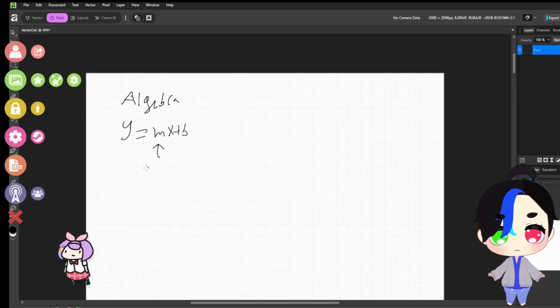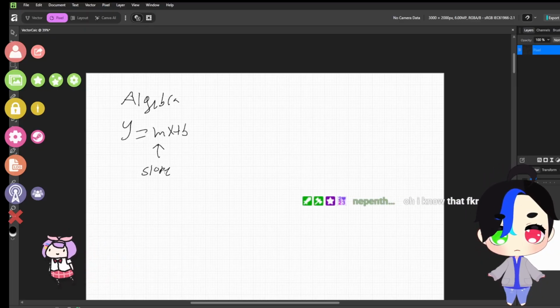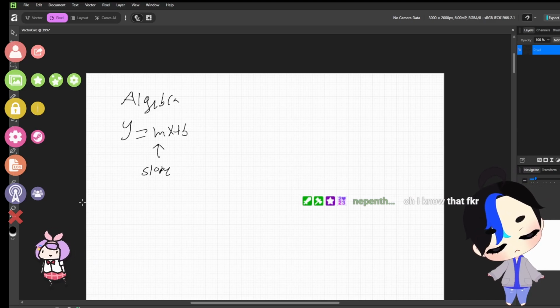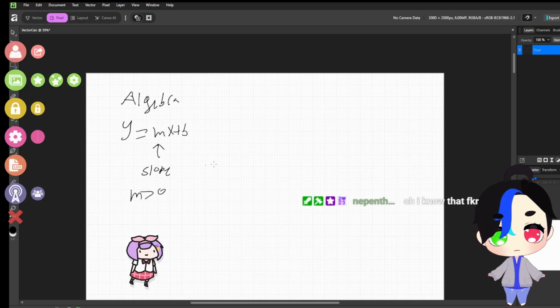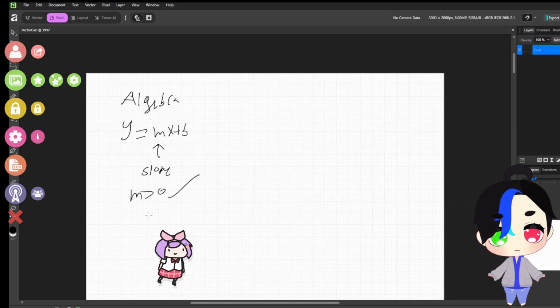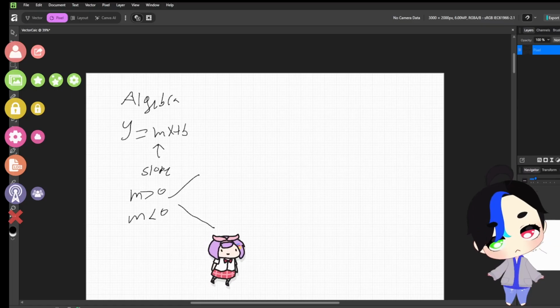This is the slope. This tells you, in essence, how steep or shallow your line is, right? If m is greater than 0, then that means your line is going up. If m is less than 0, your line is going down.